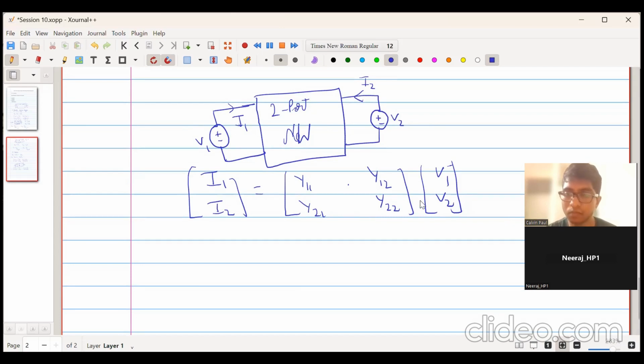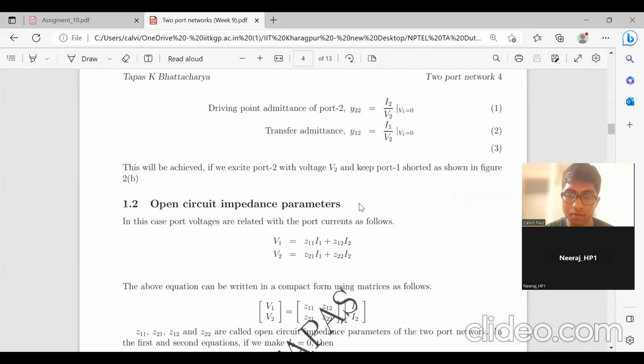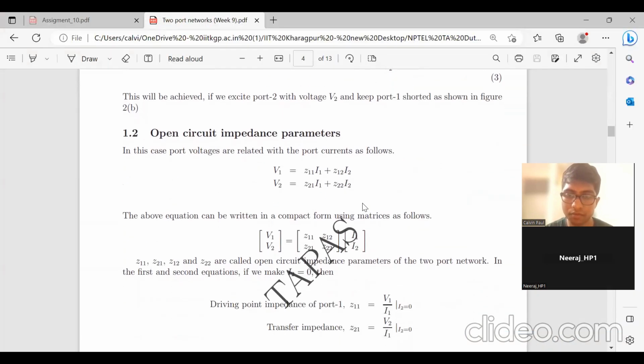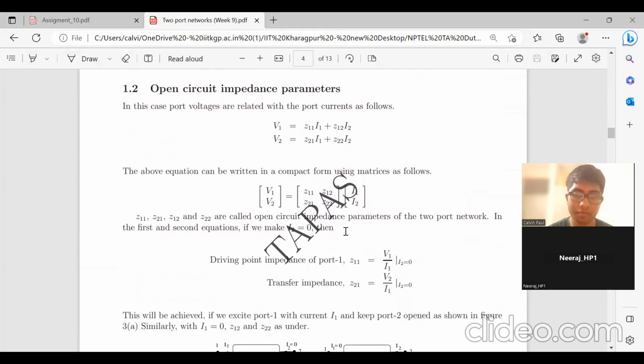So any doubts still here? So now we also need to find the parameters of the network using some sort of test.